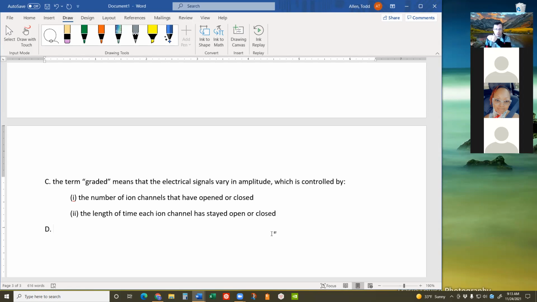So if a graded potential moves a short distance and does not reach the axon hillock of the axon, there's a very good chance that you will never generate an action potential from it. And if you don't generate an action potential, no electrical signal goes up into your brain, and you will not be consciously aware of the stimulus.